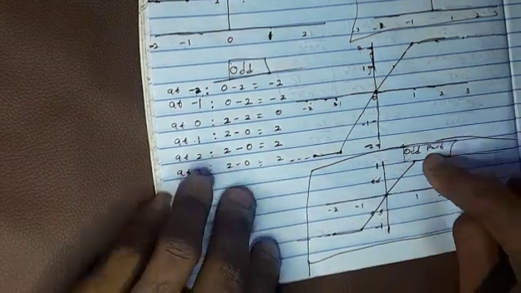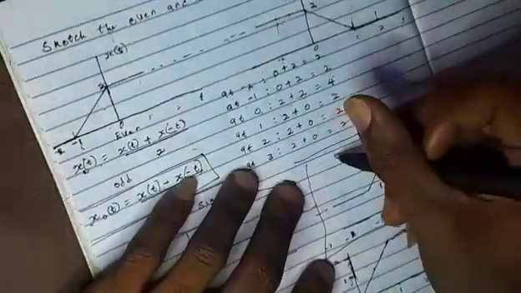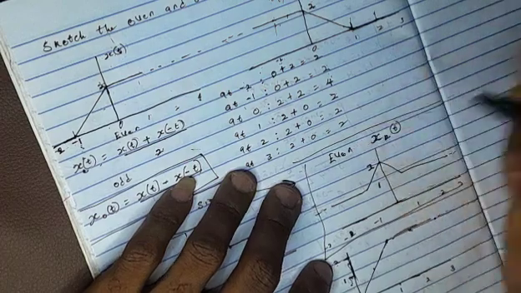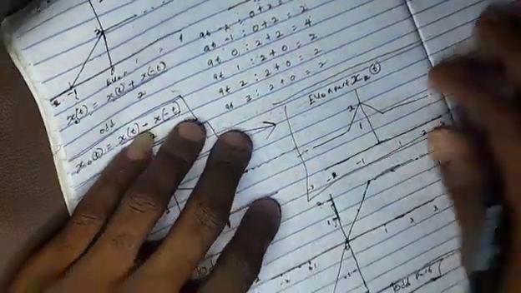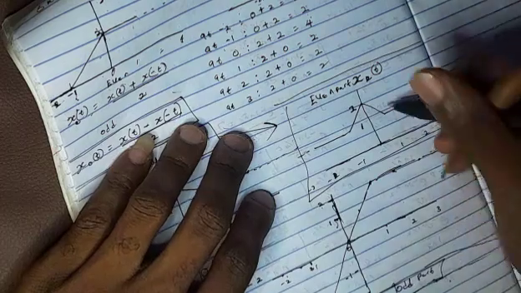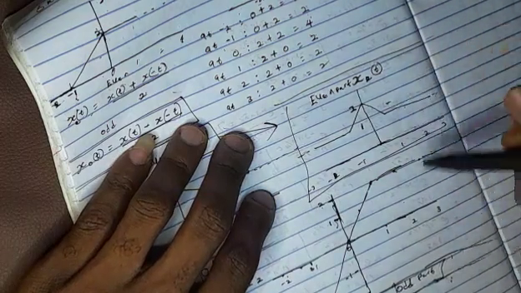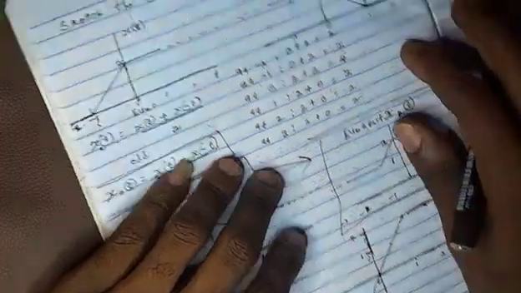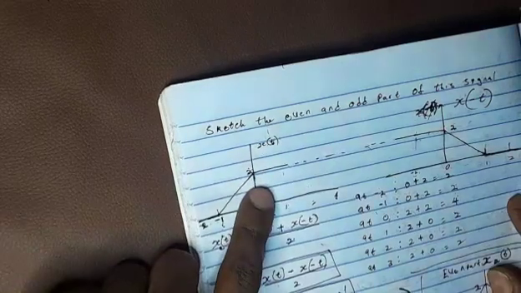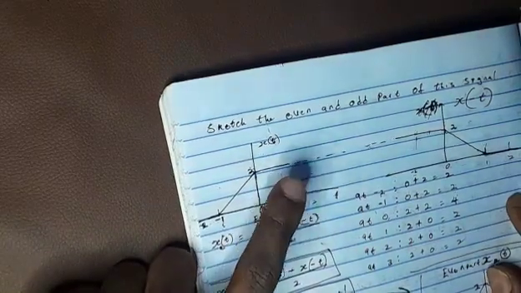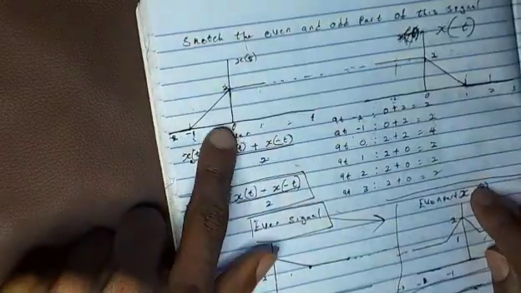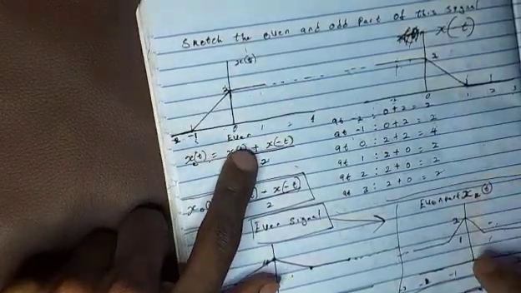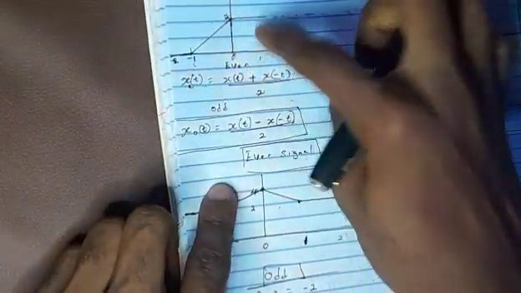So we have the odd parts and we have the even parts. So you can also try adding them together. If you add them together, you're going to get this original signal back. If you add them together and you didn't get this original signal back, there's a problem somewhere. But this will definitely give you this signal back.